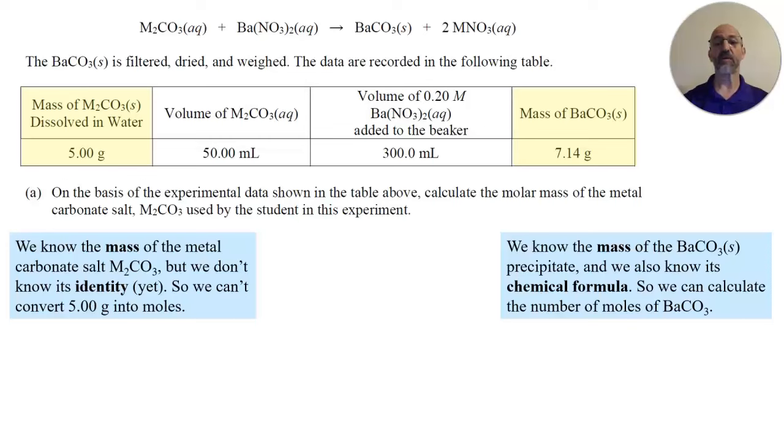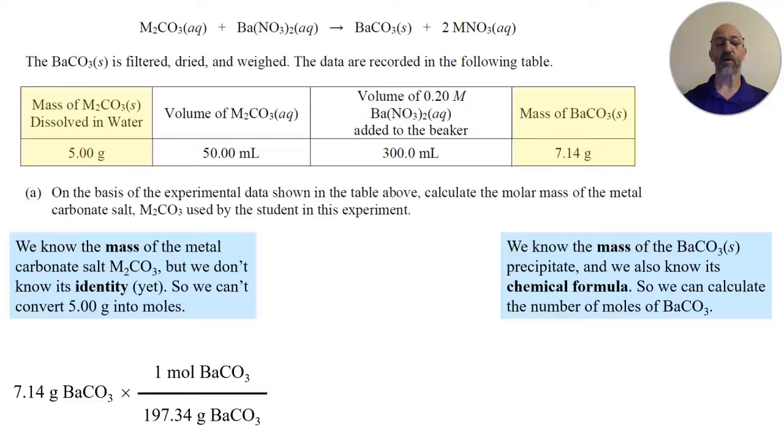So 7.14 grams of BaCO3, and then using the information from the periodic table to calculate the molar mass, that would be 1 mole of BaCO3 for every 197.34 grams. Now, if I stop right now, that would be moles of barium carbonate. But take a look at the details of the balanced chemical equation. For every 1 mole of this metal carbonate salt that reacted in this experiment, we produce 1 mole of solid barium carbonate precipitate.